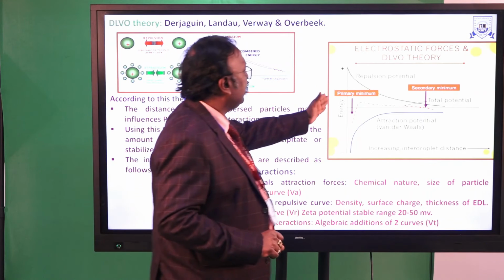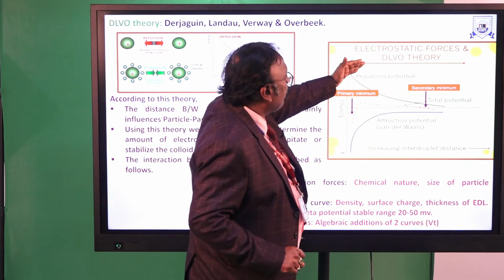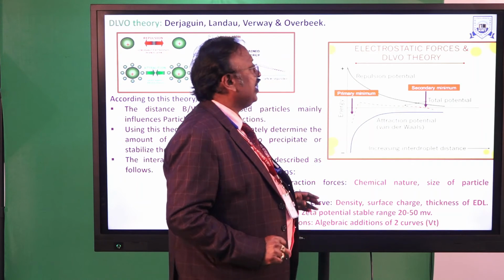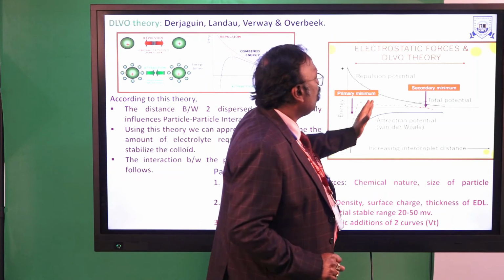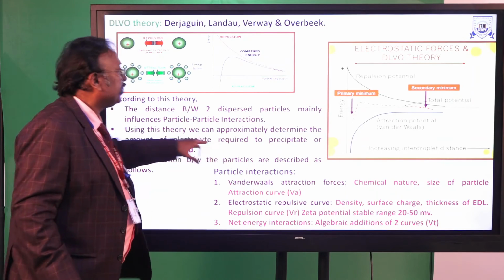Here this is the primary minimum and the secondary minimum. This is the repulsion potential and the attractive potential. This is the van der Waals curve. Always this total potential is required for the secondary minimum.